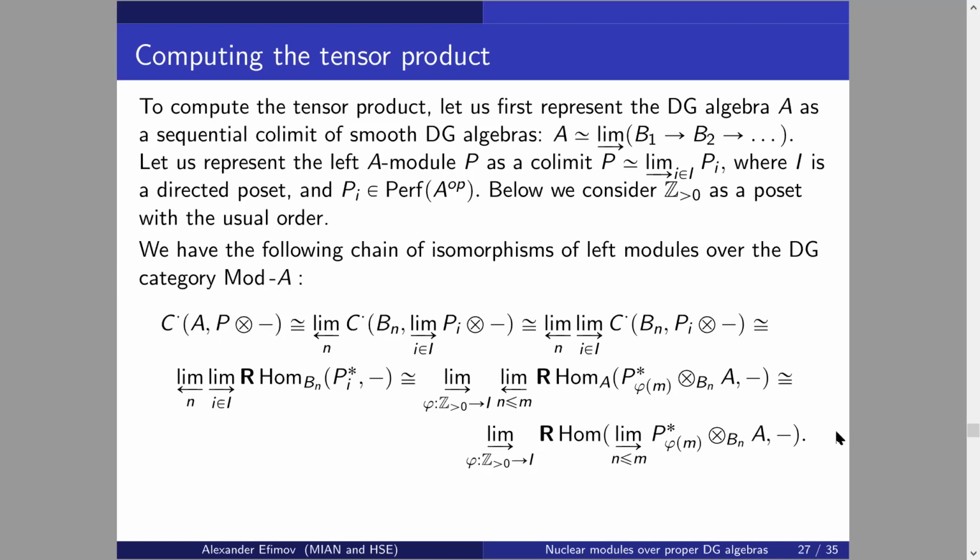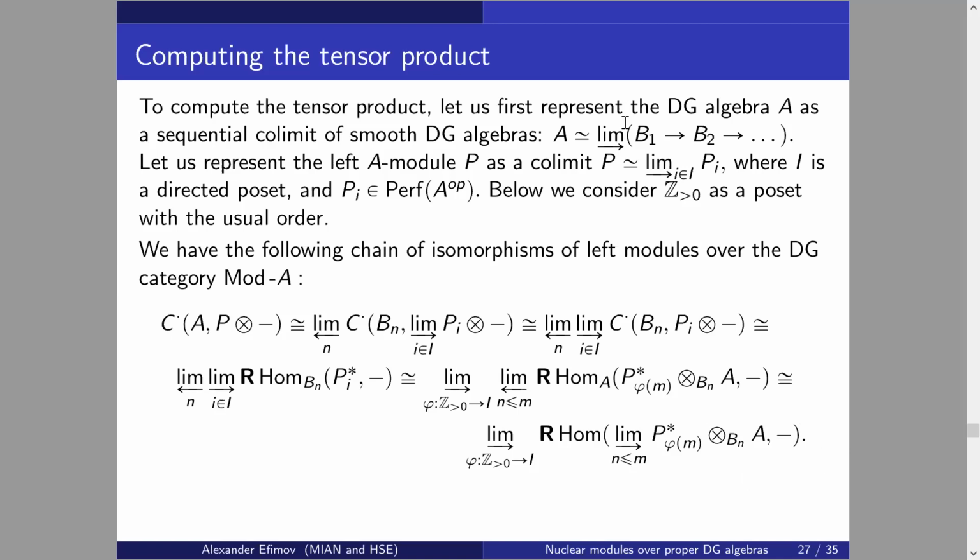This is already quite nice because we can use it to compute the tensor product, since it's easy to compute the tensor product of a representable model with anything. It doesn't matter over which category you compute it, because it's representable. So in particular, the huge size of mod A is irrelevant when you're reduced to such representable models. That's the first observation.